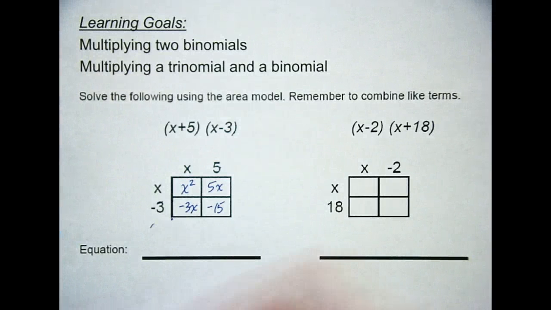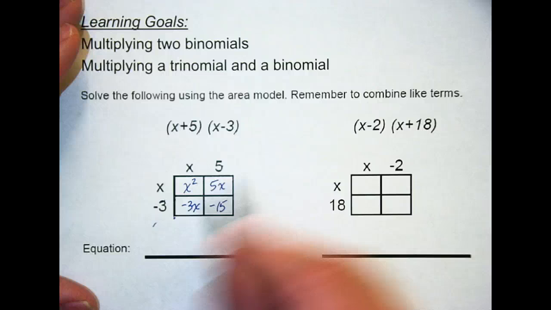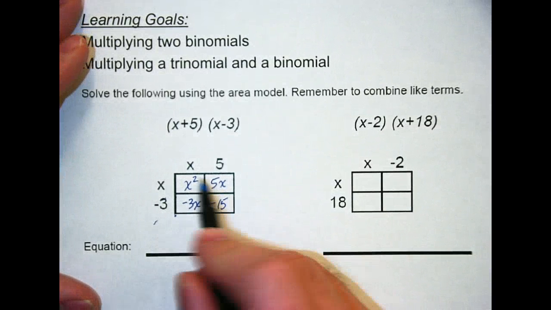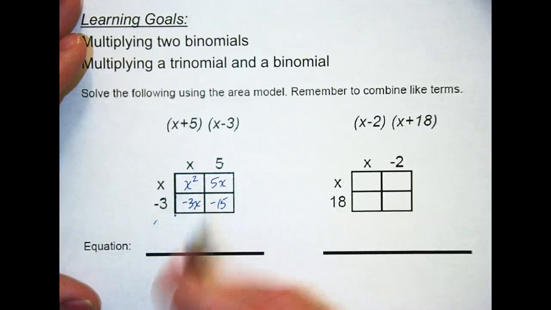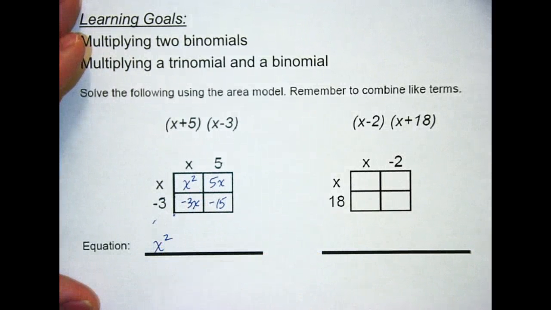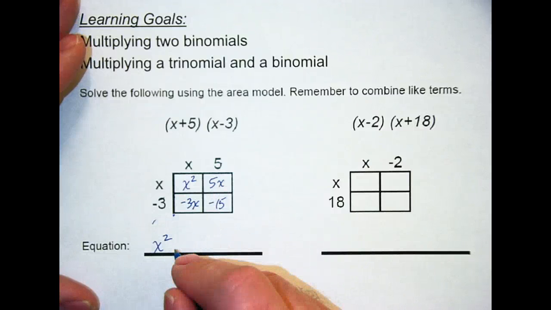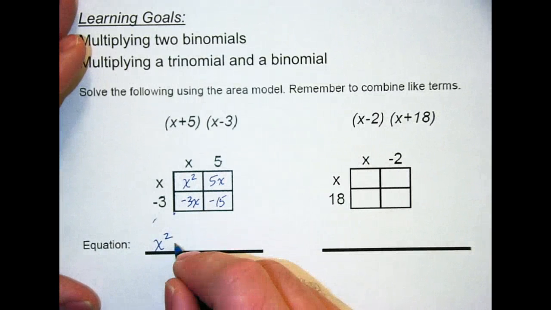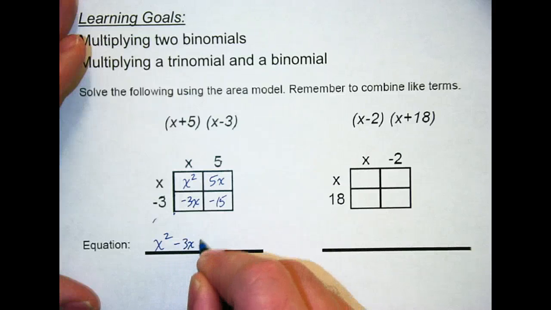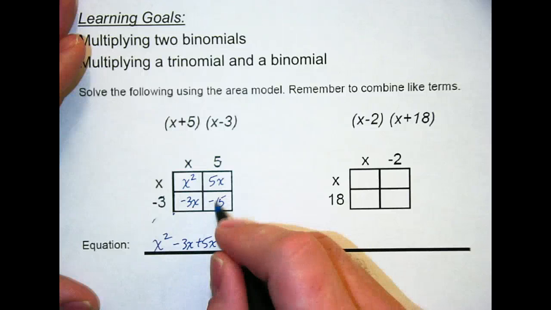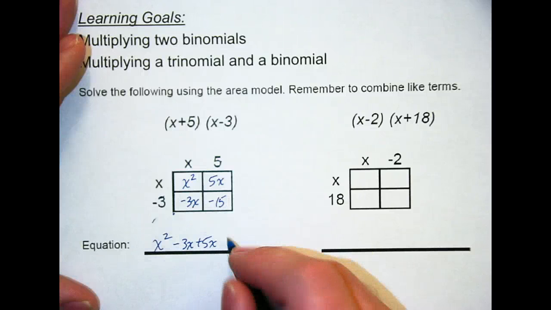Okay, so what we have now is we take our like terms and our unlike terms, and we put it in order from standard form. So in this case, the highest degree is x squared, and then we have our x's to the first. We have a -3 and a +5, so you could either add them here or you could write it out like this and then simplify it later. And then we have our constant there without the variable.